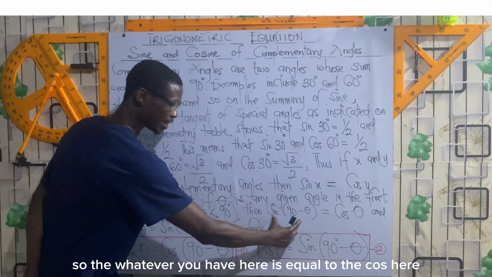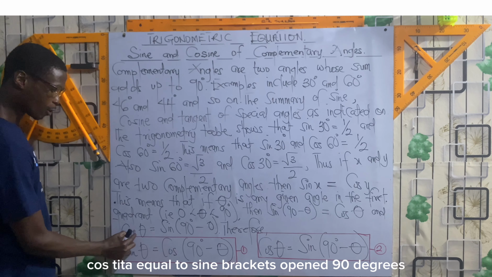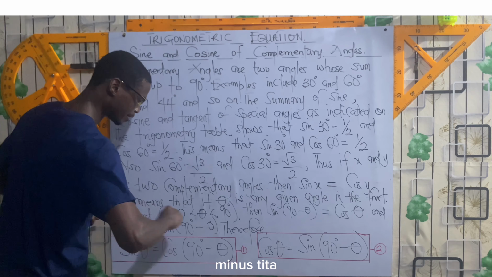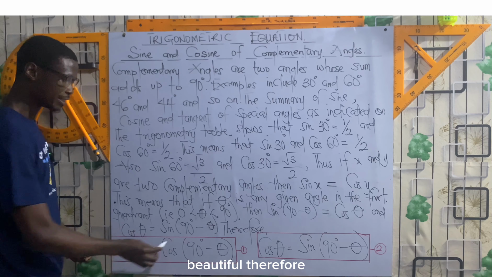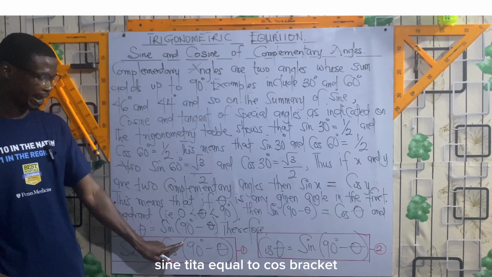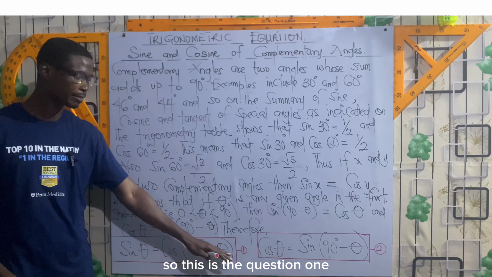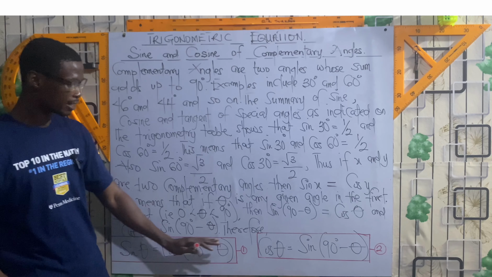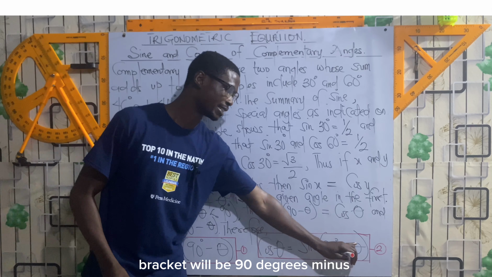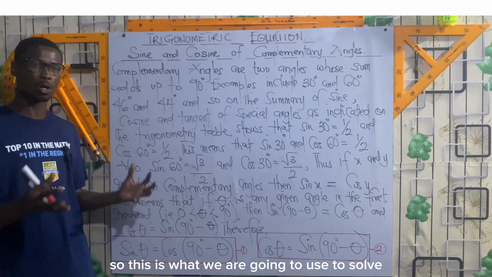The same thing vice versa: cos theta equals sine of (90 degrees minus theta). Therefore, sine theta equals cos of (90 degrees minus theta). This is formula 1. Then cos theta equals sine of (90 degrees minus theta). Formula 2.